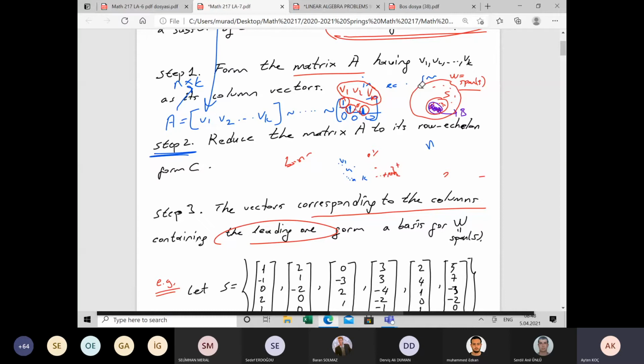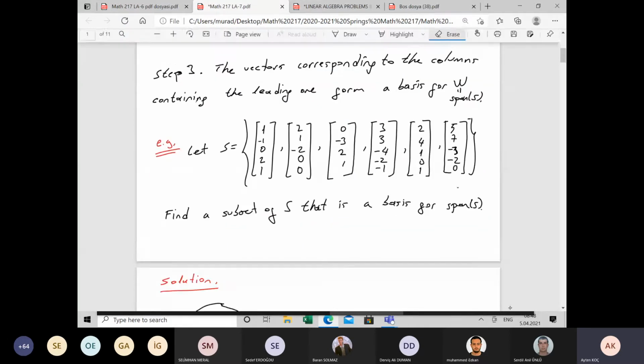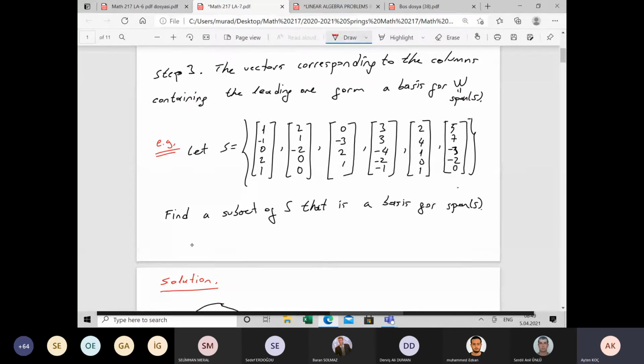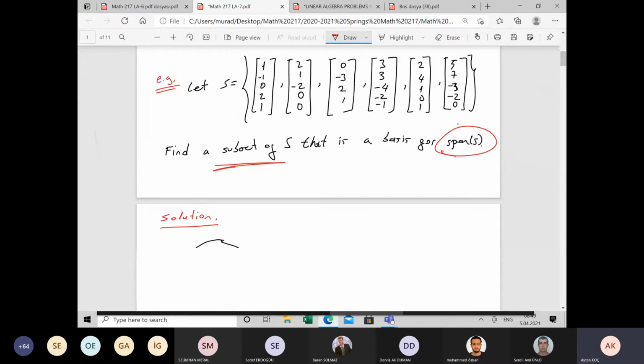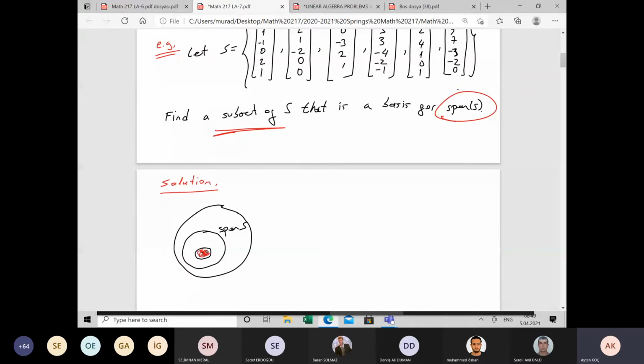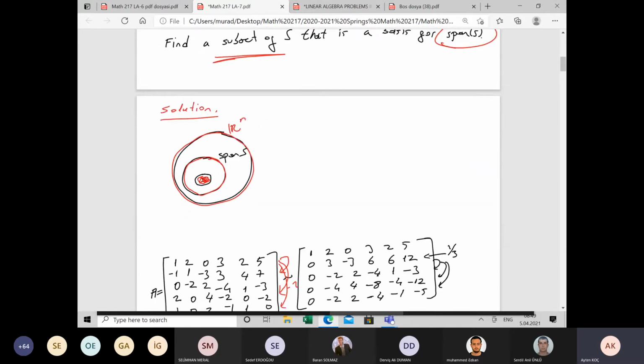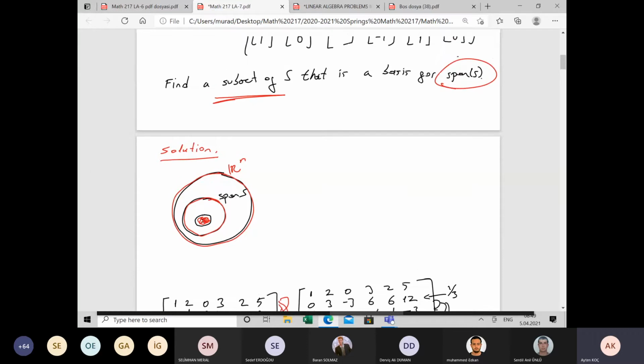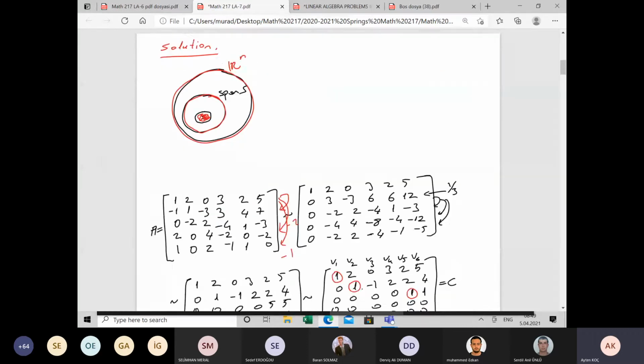Take this set, and the question is: find a subset of S such that it is a basis for span S. Span S is a subspace of R to the n. First, construct the matrix A. These are V1, V2, V3, V4, V5, and V6.